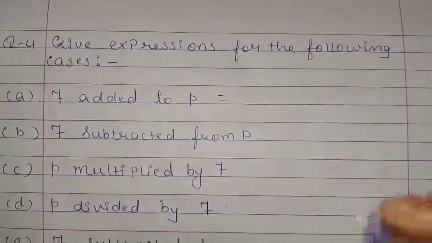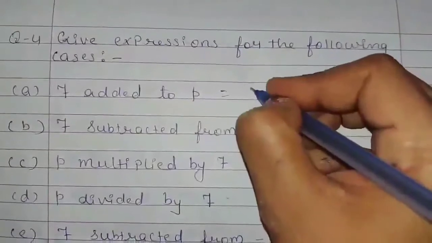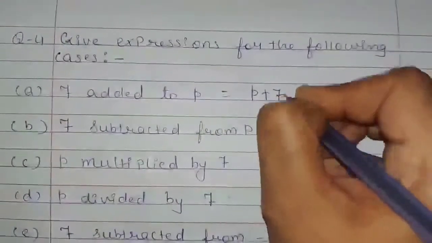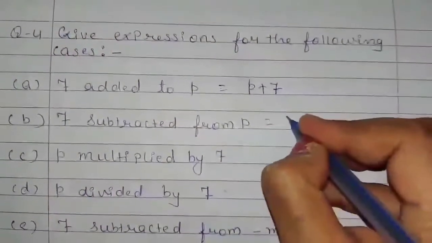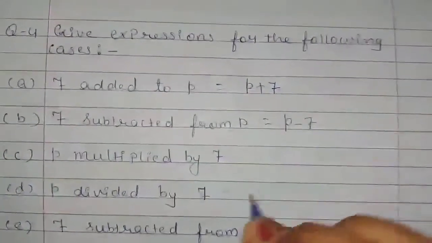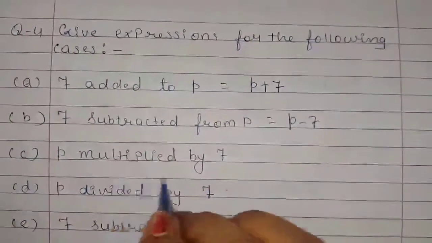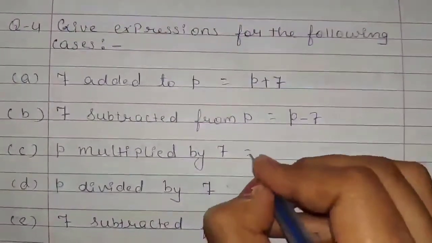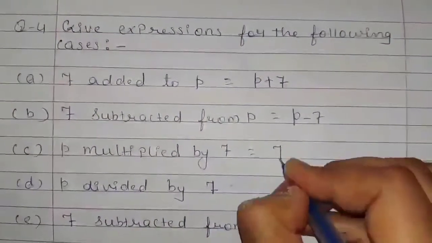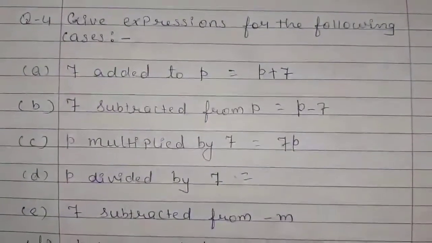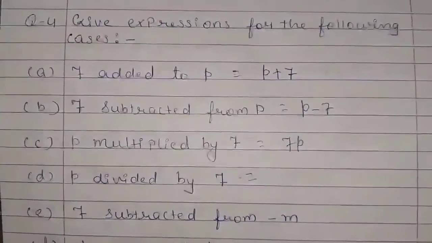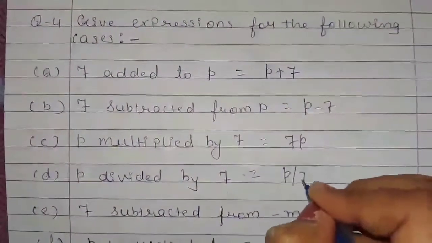In case A, 7 added to p, that is equals to p plus 7. 7 subtracted from p, p minus 7. p is multiplied by 7, that is equals to 7p. p is divided by 7, that is equals to p upon 7.